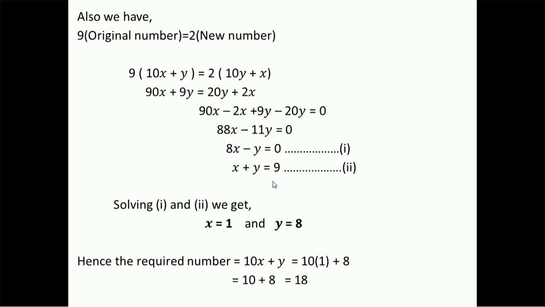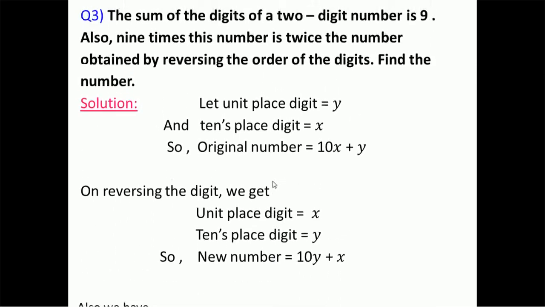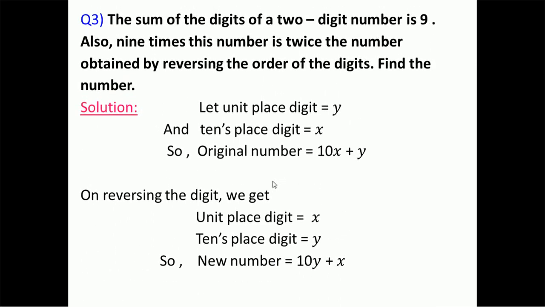Now see the statement earlier. What is given? The sum of the digits of a 2-digit number is 9. So we have 2 digits. What are they? Unit place digit is y and tens place digit is x. So their addition is 9.